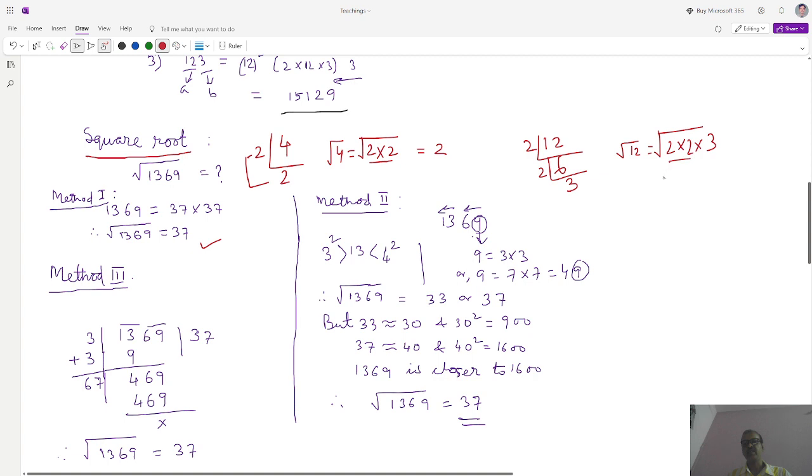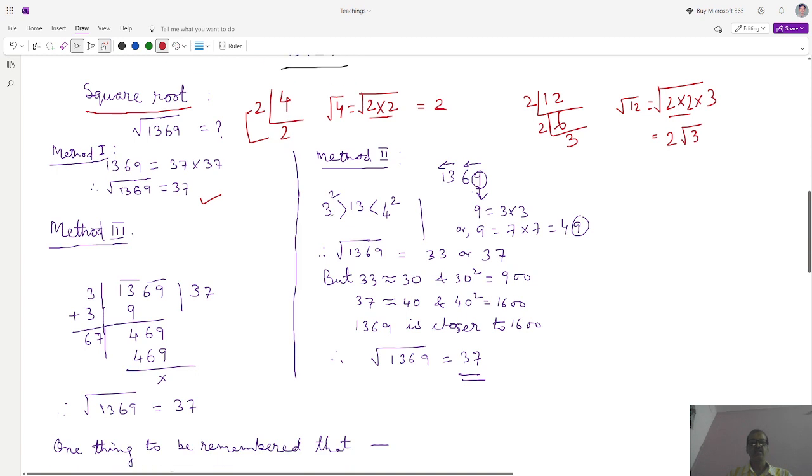The 2 has a pair, so it will come outside the square root, but 3 has no pair, so it will remain under the square root. So the answer will be 2 root 3. Right? This is a simple method.